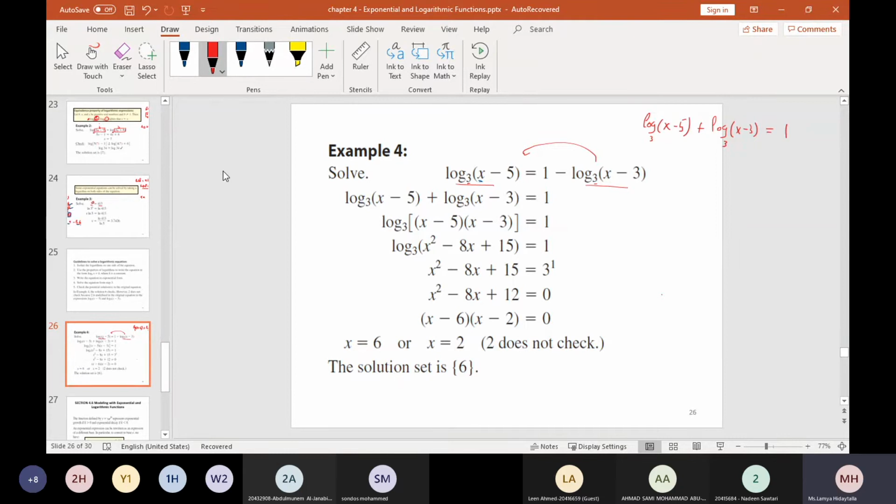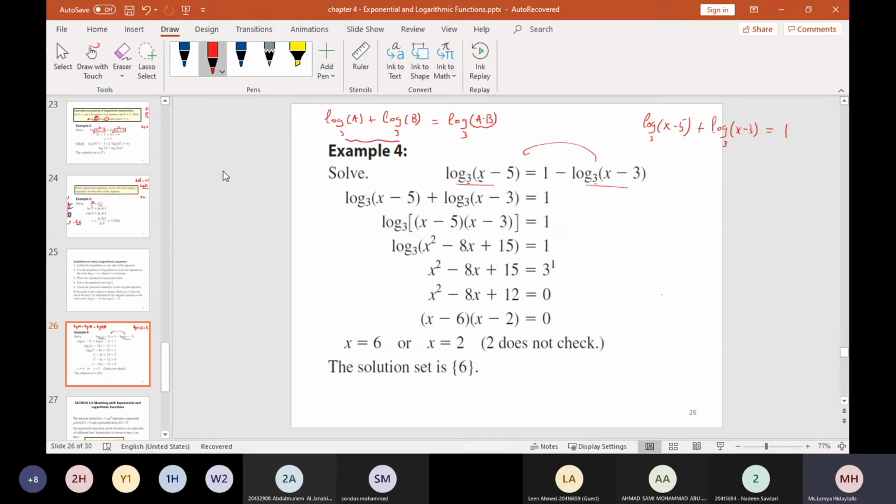Okay, always if you want to solve, after you put them in one side, the second thing, make it as one logarithm. Okay, the rule says log A plus log B, no matter what the base is, here in particular it is 3, like this. This is the same as log A times B to the base 3.